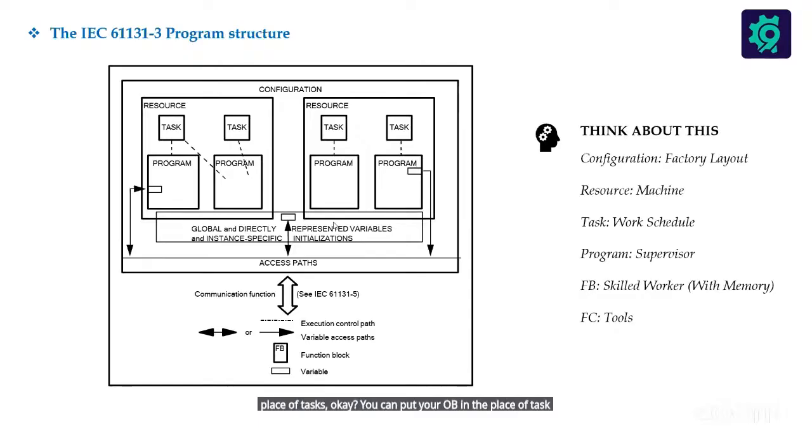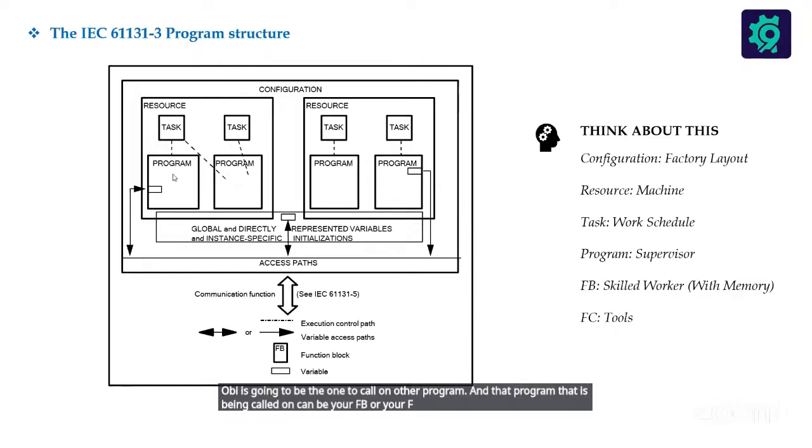Are we together? Then the OB, what is the OB doing? OB is responsible for executing your program. That's why you have this line as the execution control part. So your OB is going to be the one to call on other programs, and that program being called can be your FB or your FC.